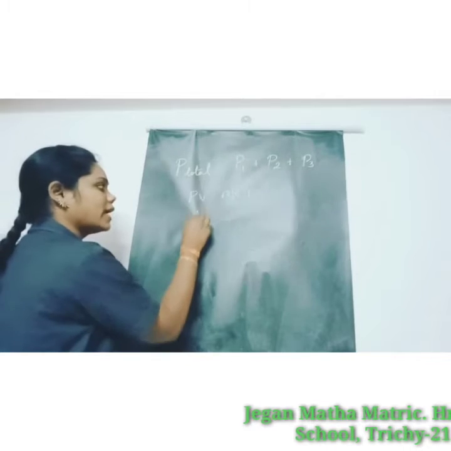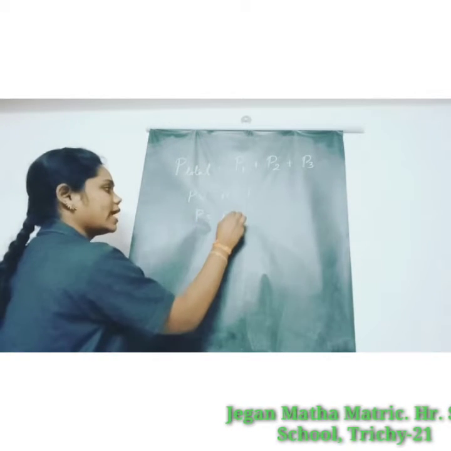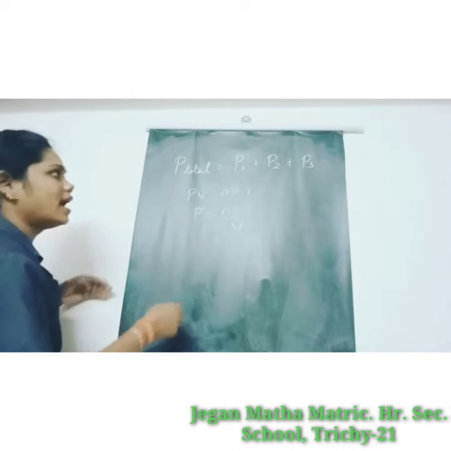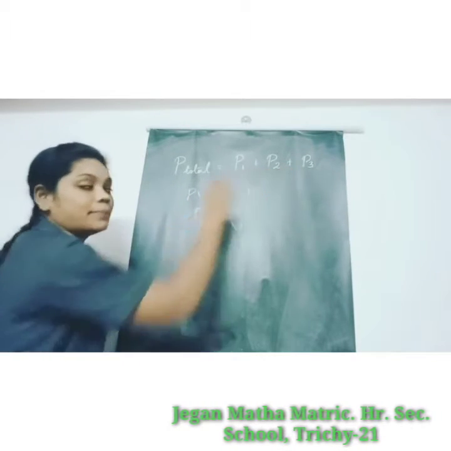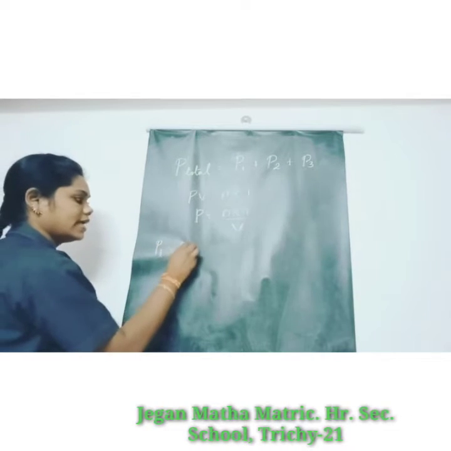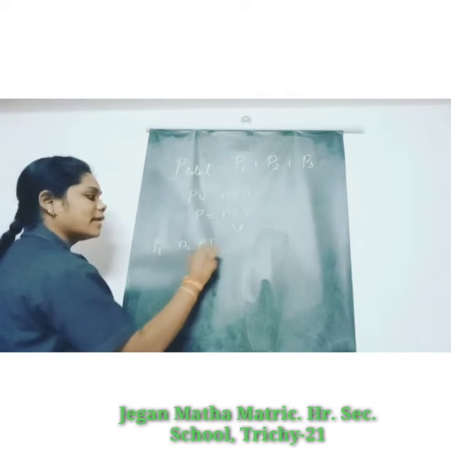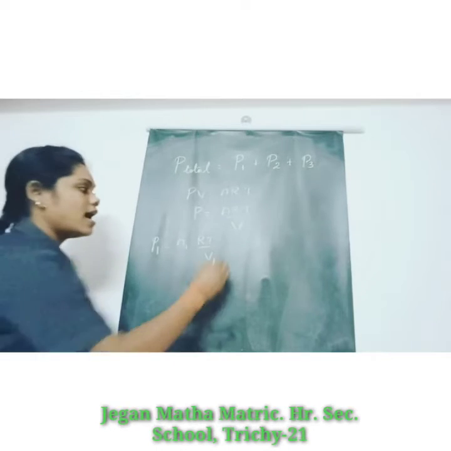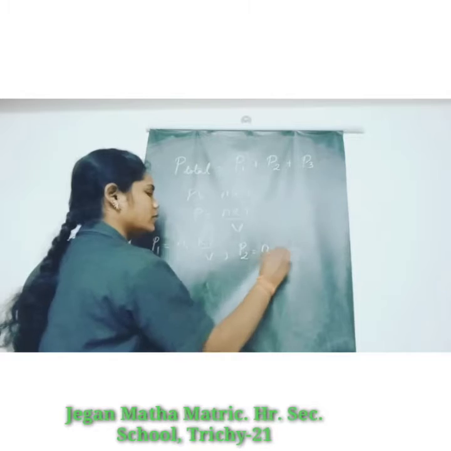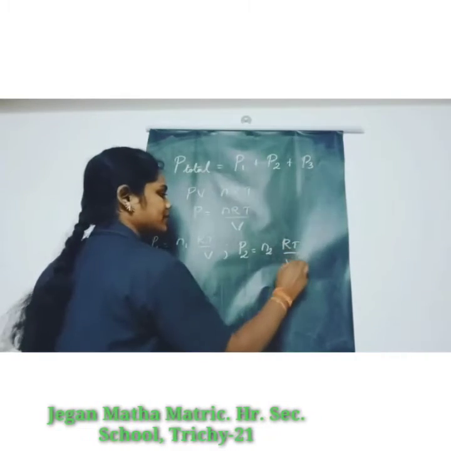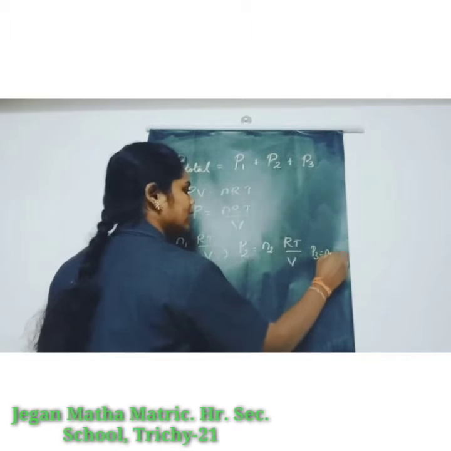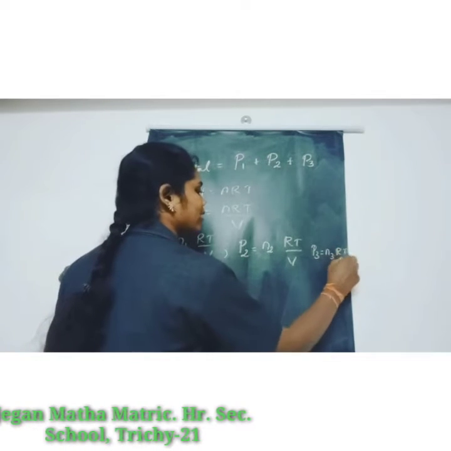So P is equal to nRT by V. Here I want P1, P2 and P3. So P1 is equal to N1 RT by V, P2 is equal to N2 RT by V, and P3 is equal to N3 RT by V.